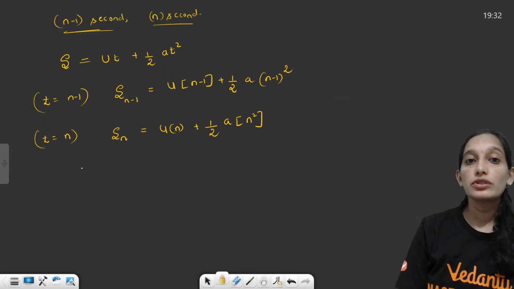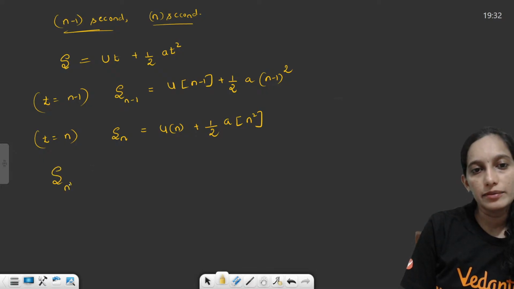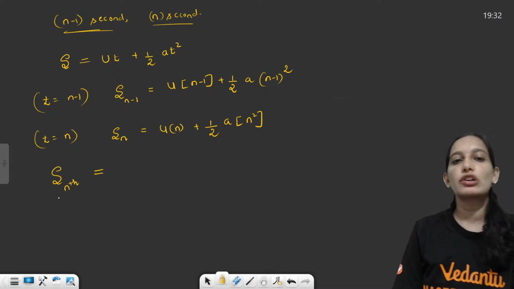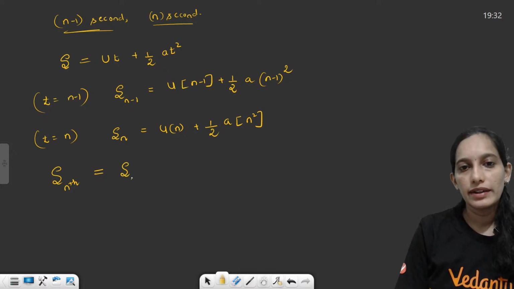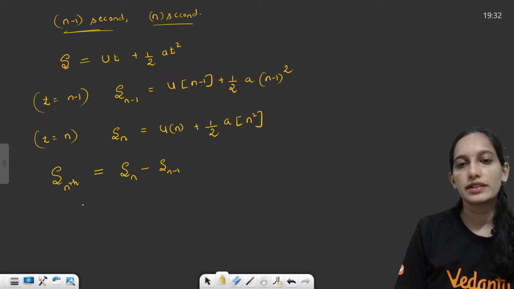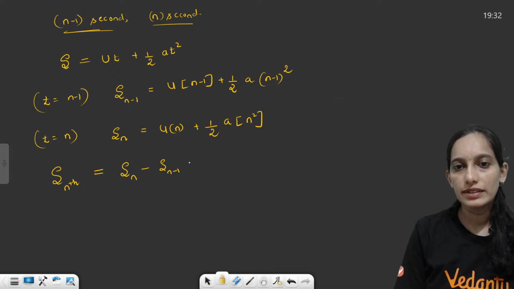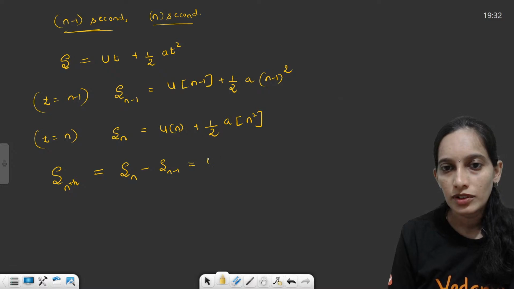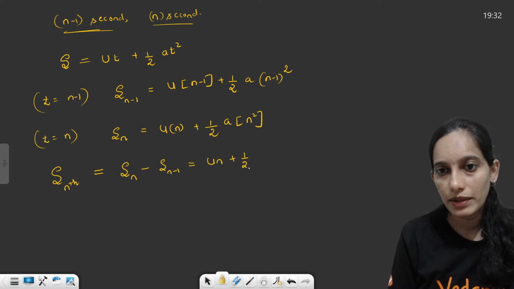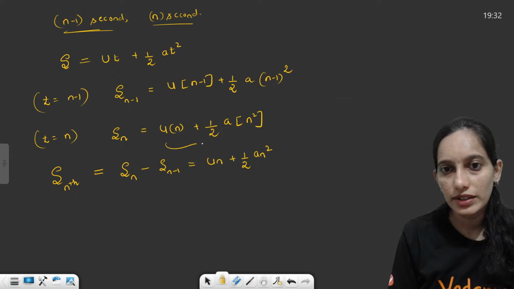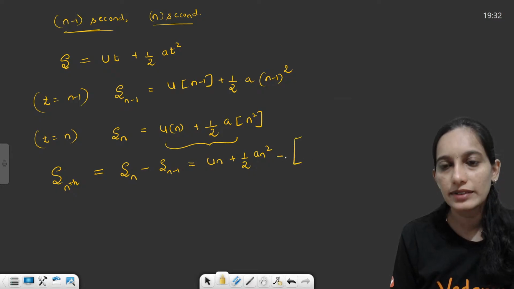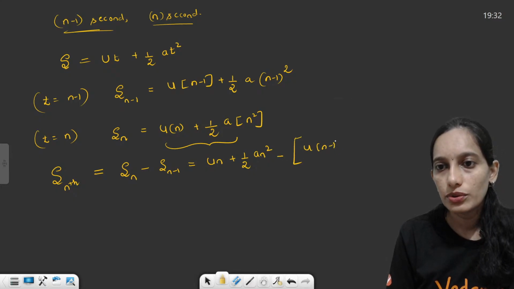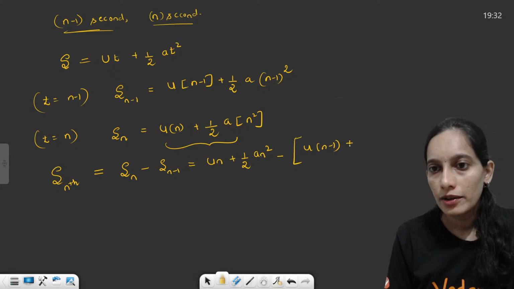Now the distance traveled in nth second, Snth, is the usual notation we use, which will be Sn minus Sn minus 1. So you can just substitute everything here: un plus half an square, that is our Sn value, minus u into n minus 1 plus half into n minus 1 whole square.